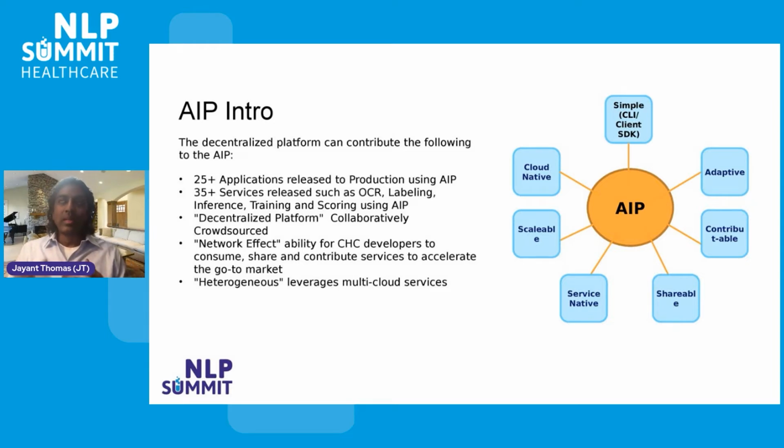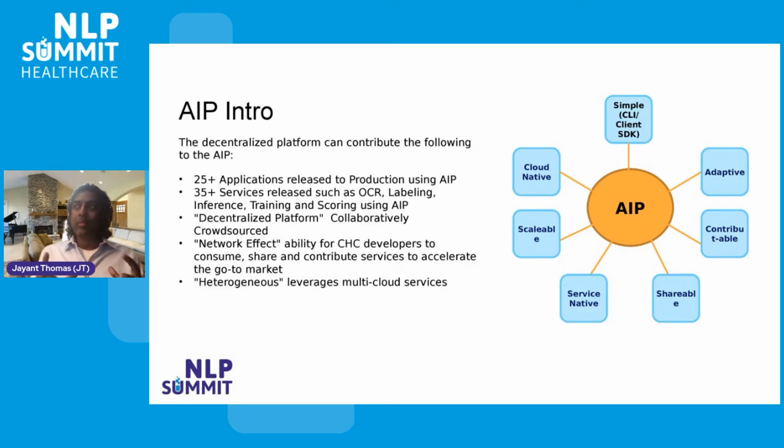It doesn't need to use only AWS services or any one vendor. You can use services from different vendors as well. An example is for OCR, we're using GCP, which is Google Cloud, OCR engine, versus for inference, we're using SageMaker. So that's the way we operate.